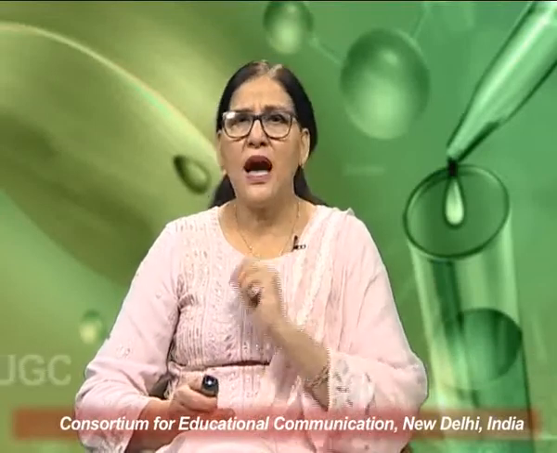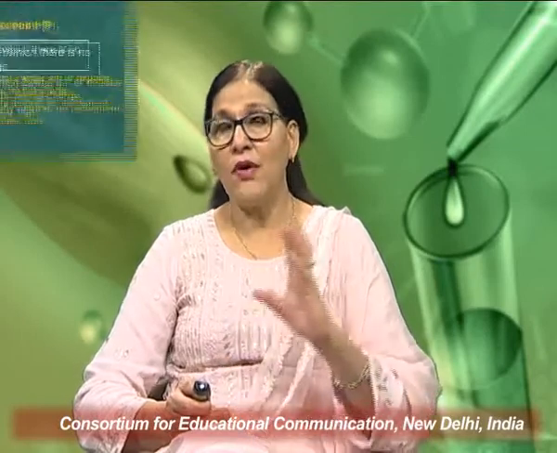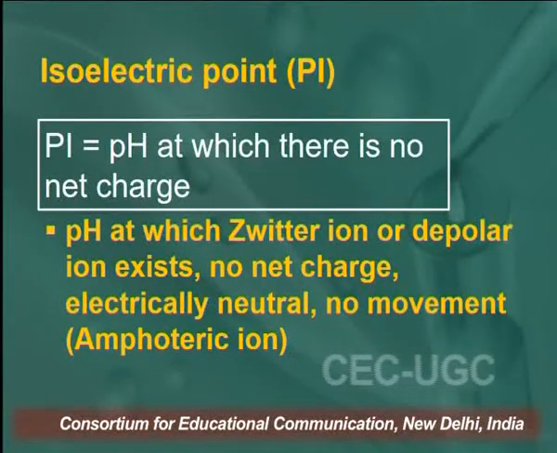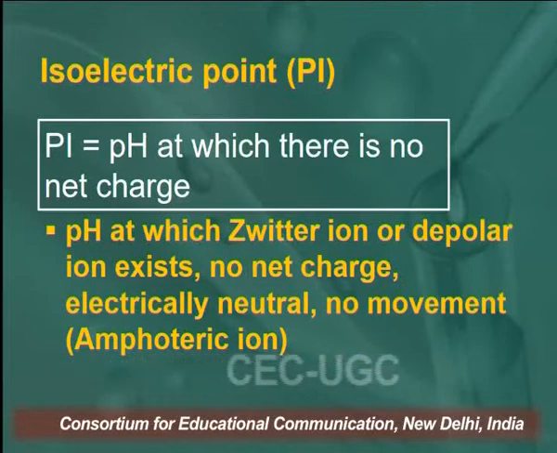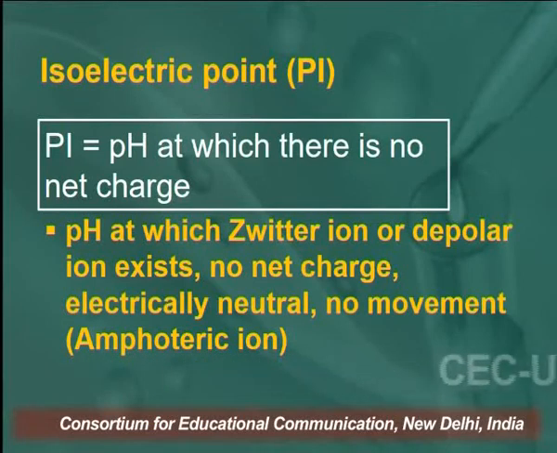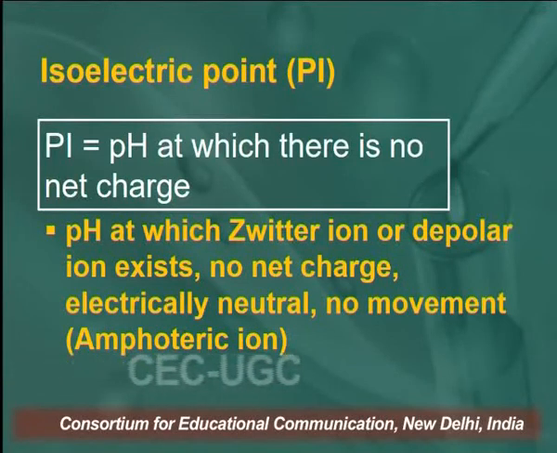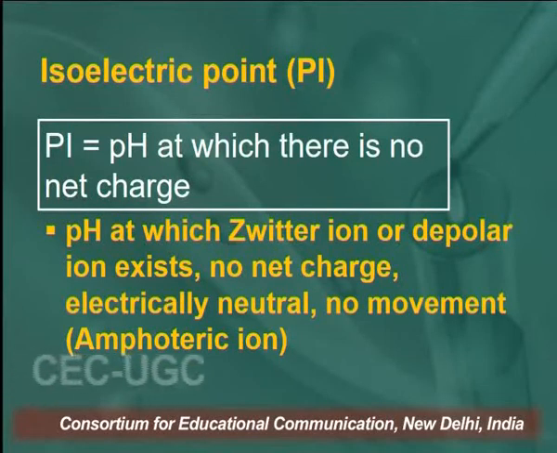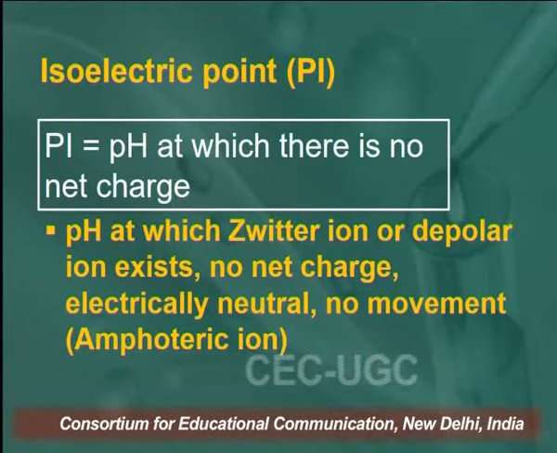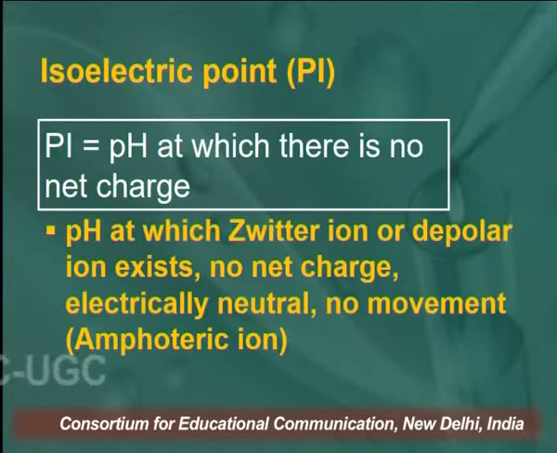Now, what is the isoelectric point? We have to understand what the isoelectric point is. As I told you, the isoelectric point is the pH at which there is no net charge. We represent the isoelectric point as pI. It is the pH at which the Zwitter ion or dipolar ion exists, and at that time the molecule has no net charge, or we can say it is an electrically neutral molecule, and no movement of ions takes place.